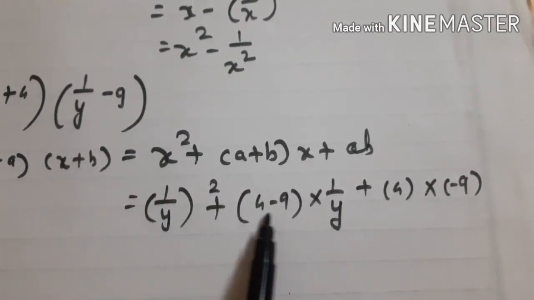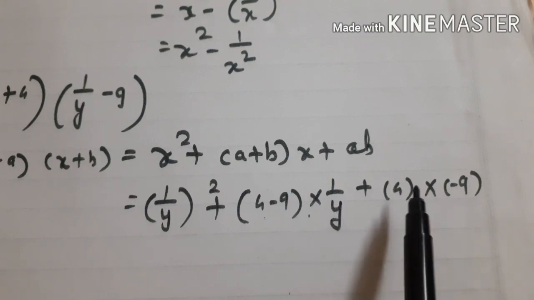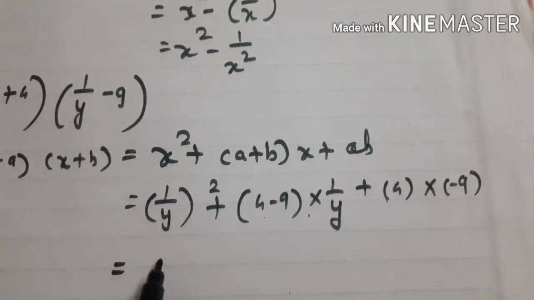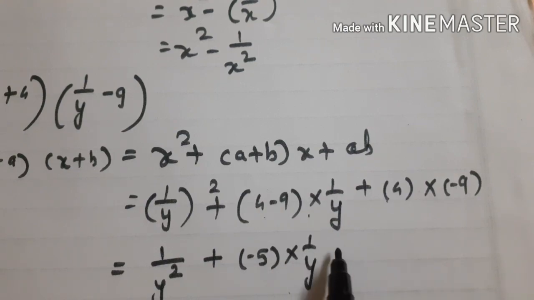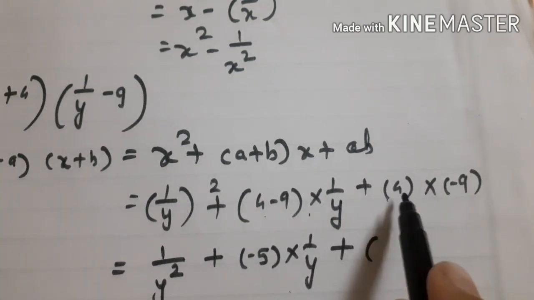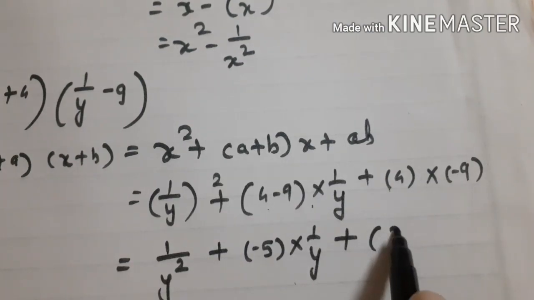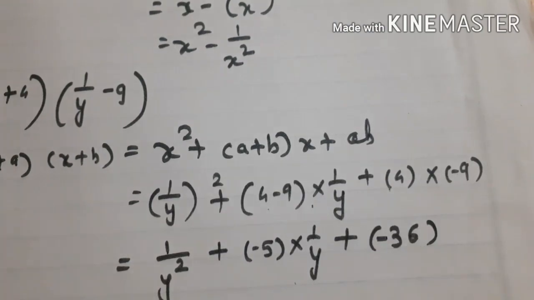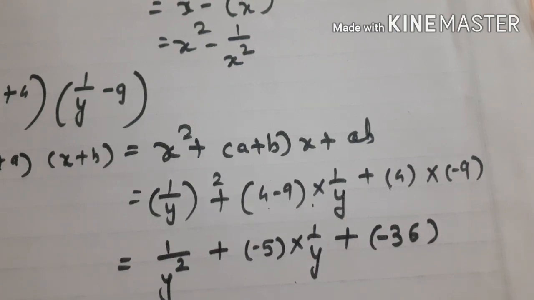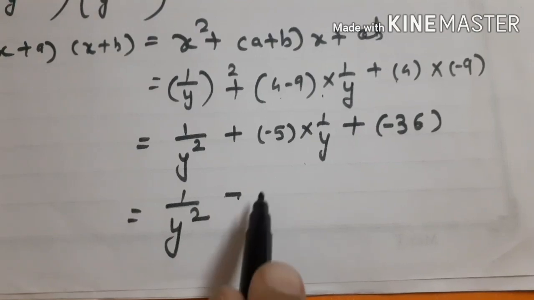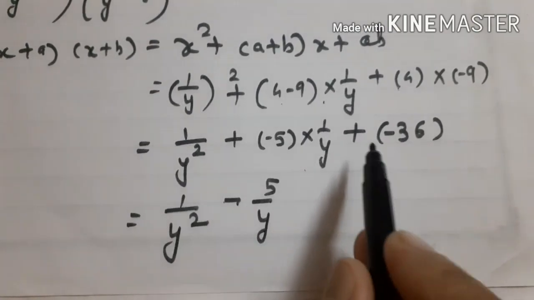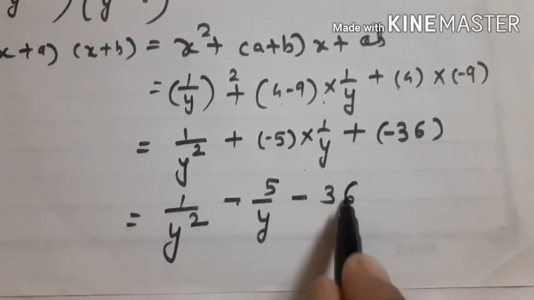First term square plus sum of second terms into first term plus product of second terms. 1 square is 1 upon y square, plus 4 minus 9 is minus 5 into 1 by y, plus 4 9s are 36, here minus. Therefore 1 upon y square plus minus minus 5 by y plus minus minus 36.